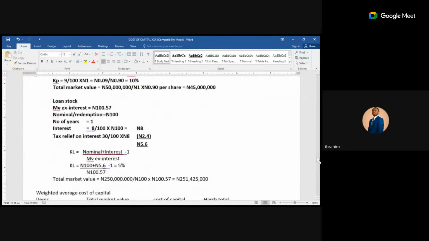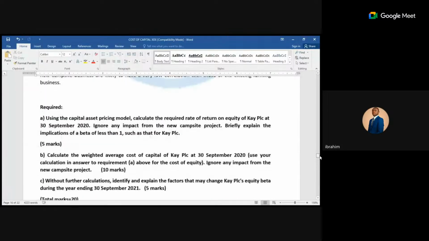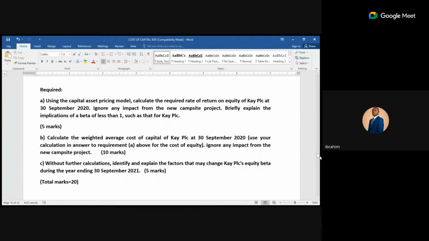So, distinguished professional colleagues, what do we have again? The C part of the question. Please, someone should read the C part. It says: without further calculations, identify and explain the factors that may change KPLC's equity beta during the year ending 30th September 2021.